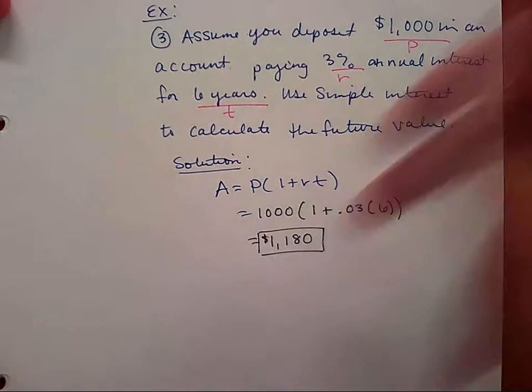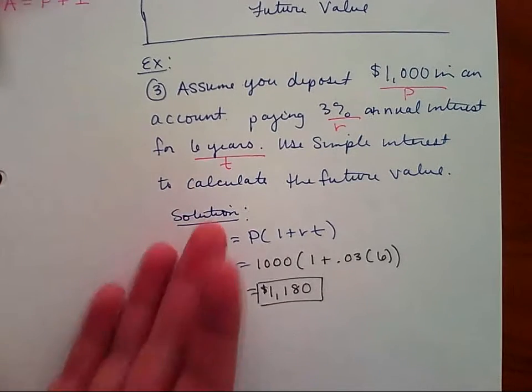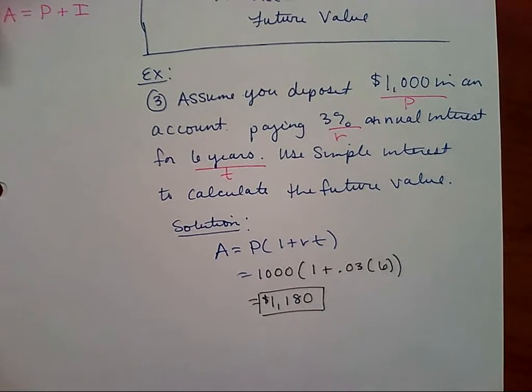Okay, so we could do this for different times, right? So my question is, is this how this really works? Is this how bank accounts actually work? Is this how loans actually work?